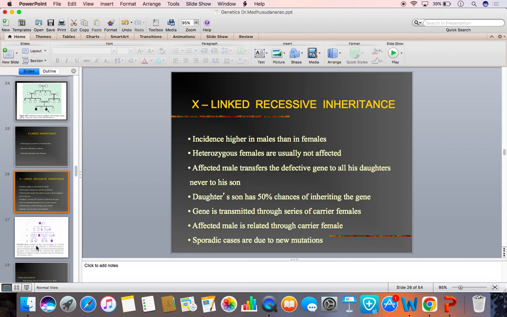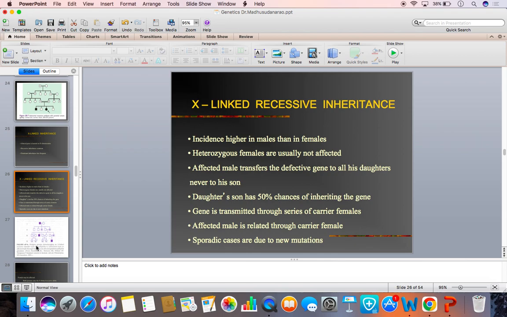The affected male transfers the defective gene to all his daughters. So daughters receive their X chromosome from their father. Father has only one X chromosome which is defective. So that's why father transmits the disease to all his daughters. None of the sons of the father is affected by the X-linked recessive disorder.